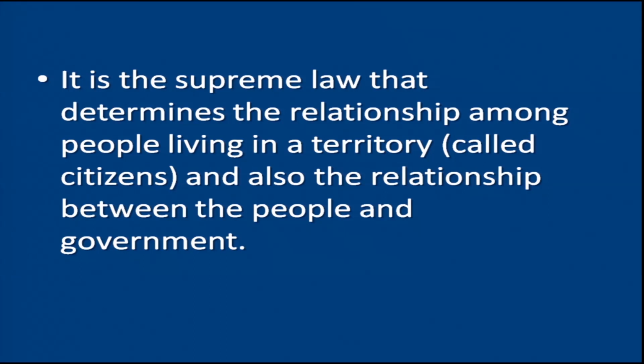It is the supreme law that determines the relationship among the people living in a country and with the government. These rules determine the relationship between the people living in a territory. Who are the people living in a territory? They are called citizens.